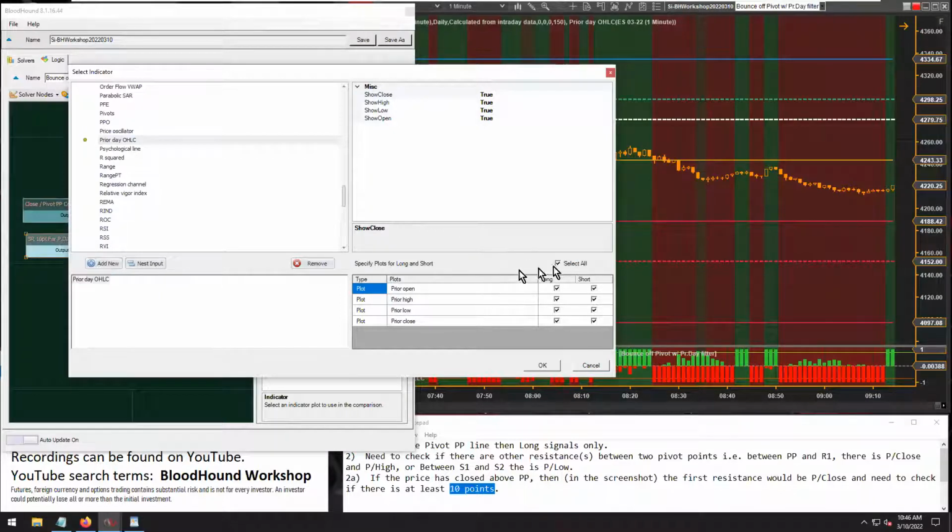And we're going to select all. All right, but then we're going to remove the open. So we're not using the prior open, just the high, low, and close for this. All right, so there we go. There's our 3 support resistance lines that we're using.